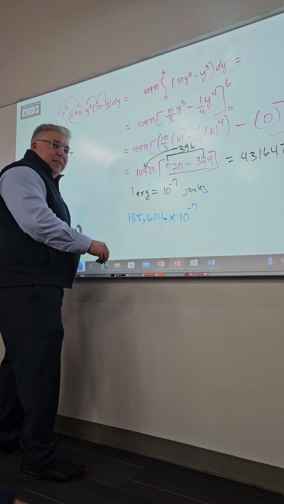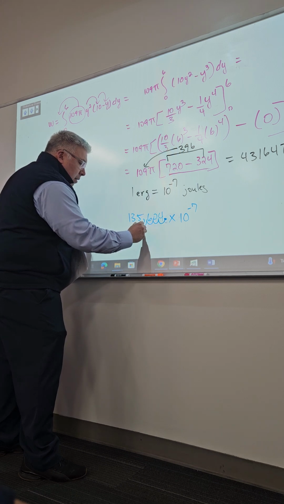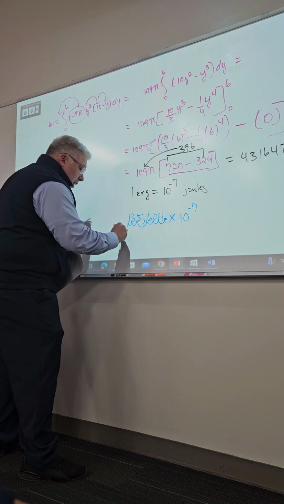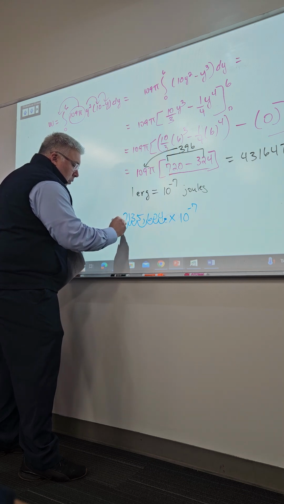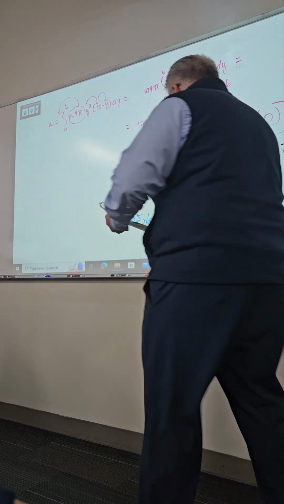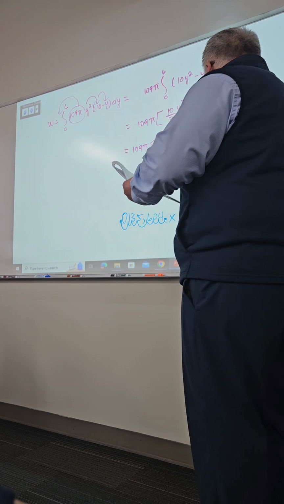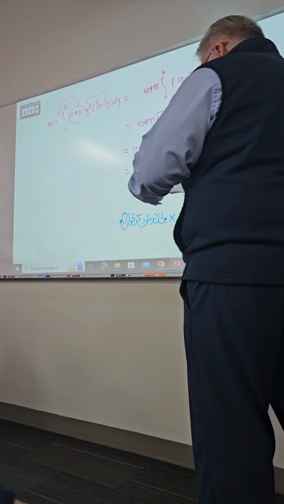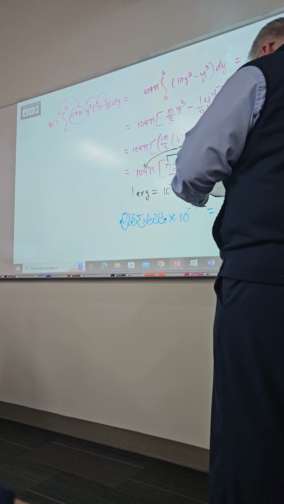So you're going to go 1, 2, 3, 4, 5, 6, 7. And that empty little space there, we fill it with a 0. So basically, that's what you do when you multiply it by 10 to the negative 7. Are y'all with me, class? So that's going to equal 0.0135604 joules.